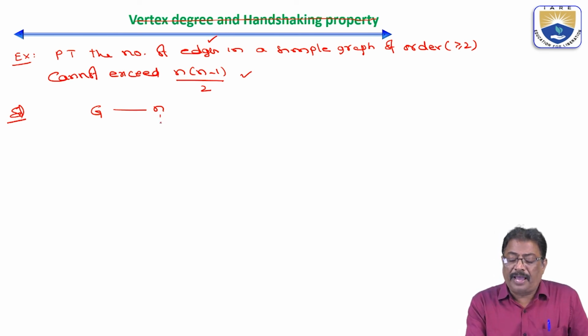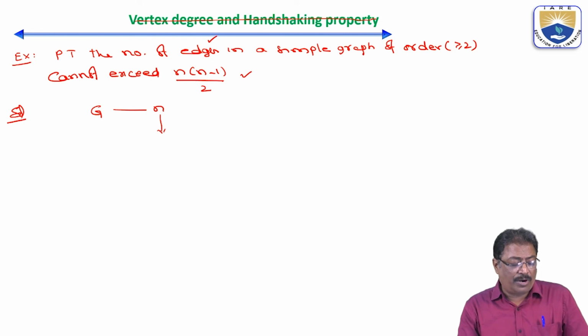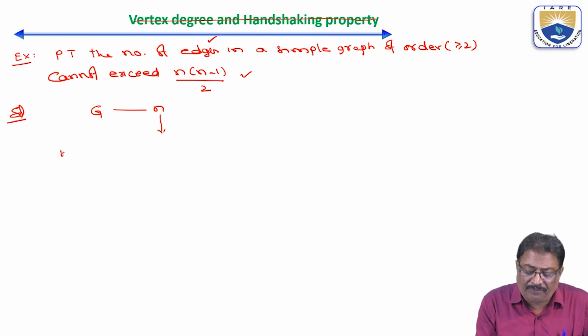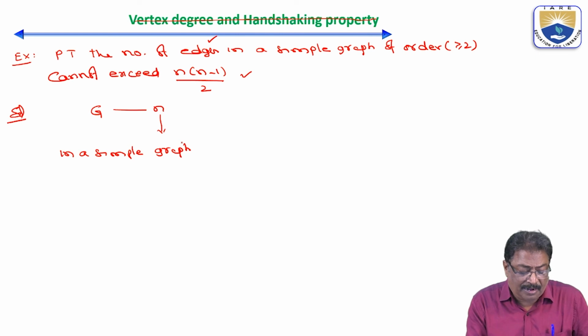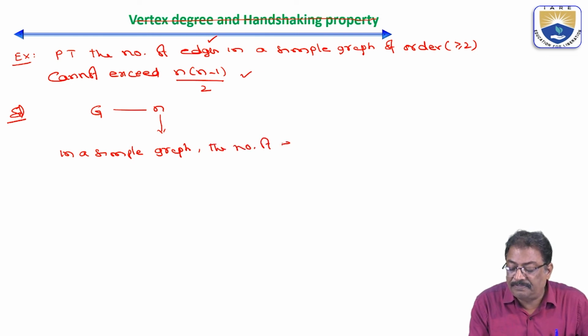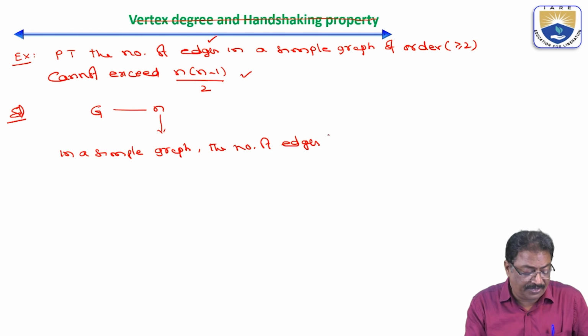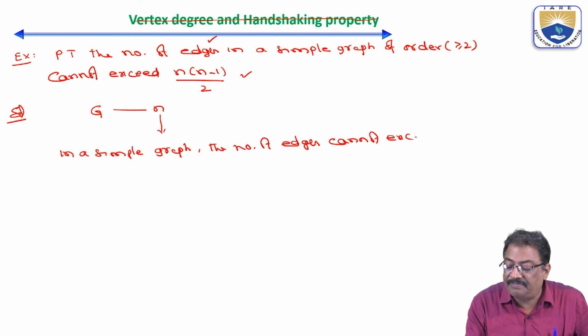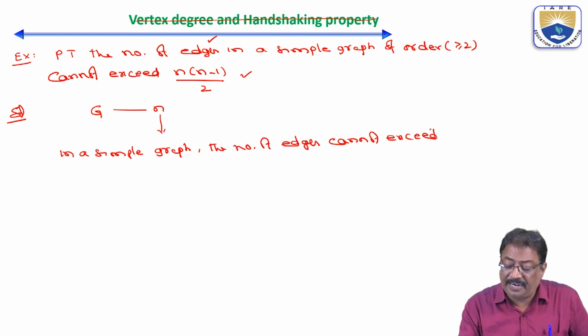Here n vertices are there. That means in a simple graph, the number of edges cannot exceed the number of pairs of vertices.